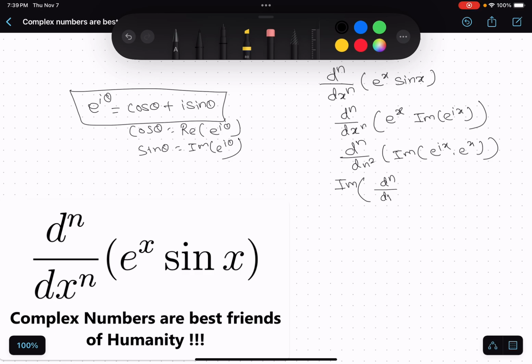So this is d to the power n by dx to the power n of e to the power x times (i plus 1). Okay, now you can see that it's in a really simplified form.